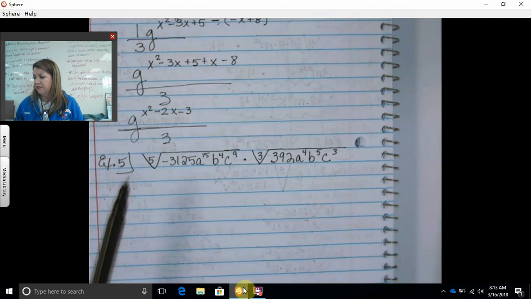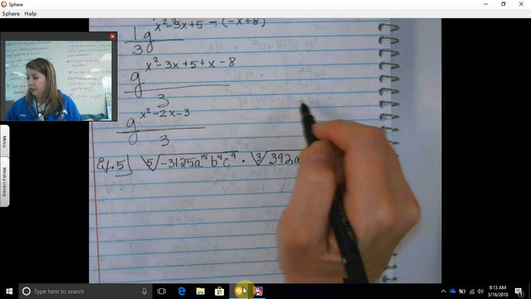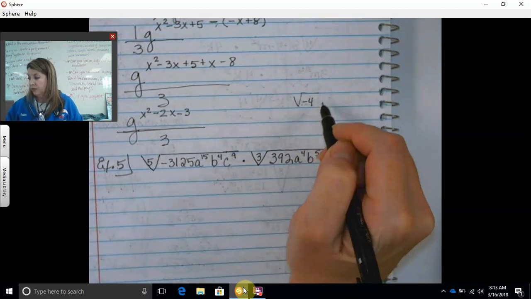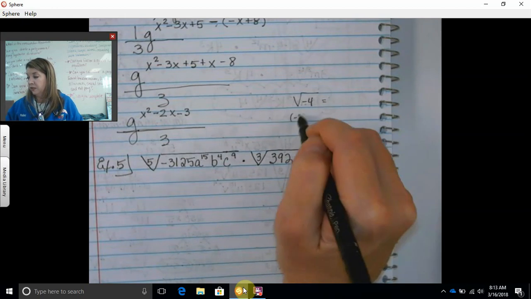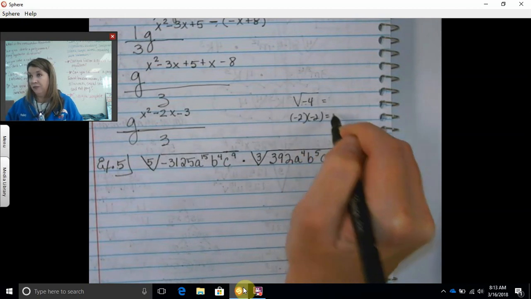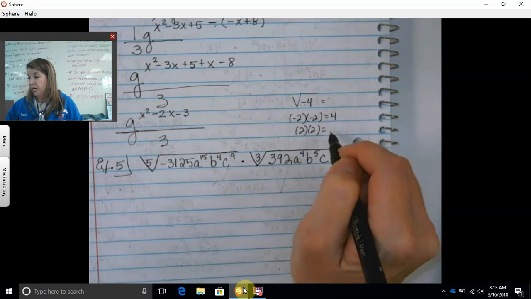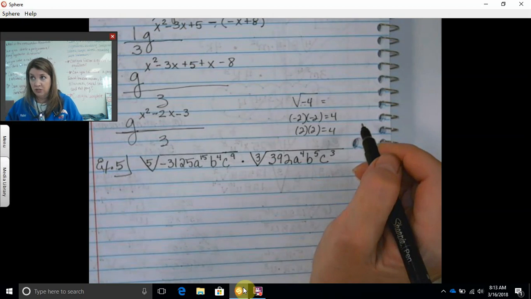Now, can I take the 5th root of a negative number? I can't take the square root of a negative number. Well, I can, but what is the square root of negative 4? Well, what's negative 2 times negative 2? Positive 4, right? What's 2 times 2? 4. Positive 4. So we can't do it in the real number system.